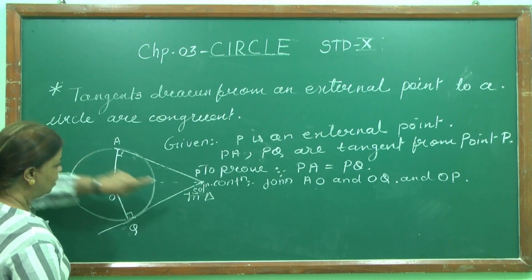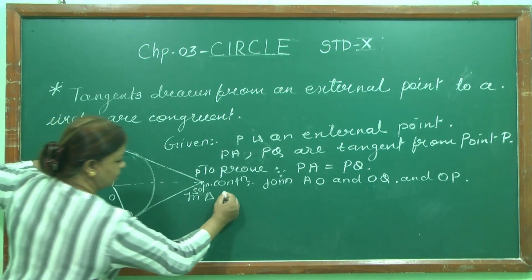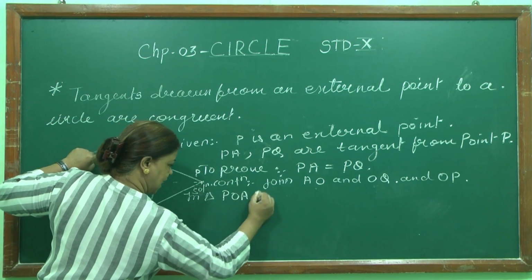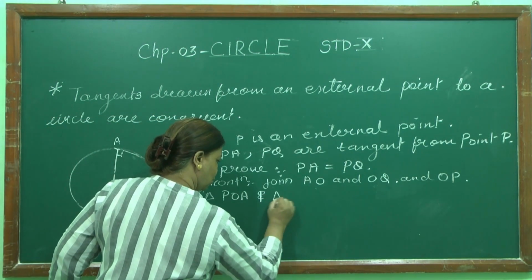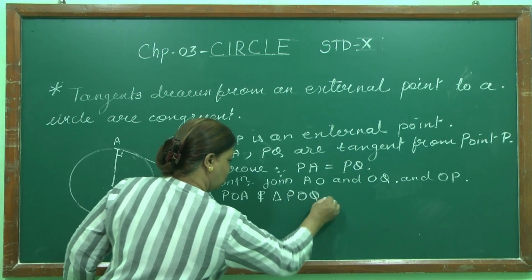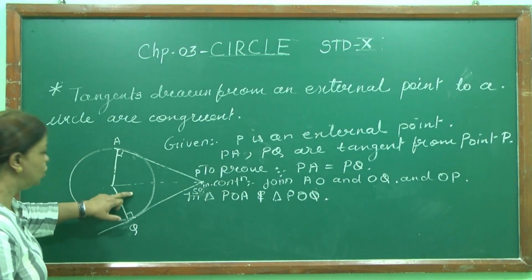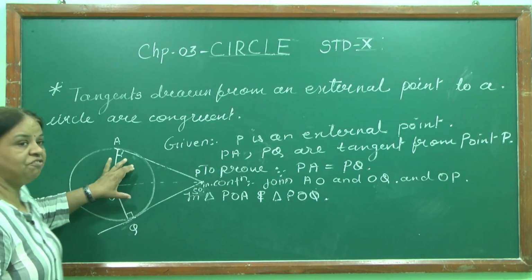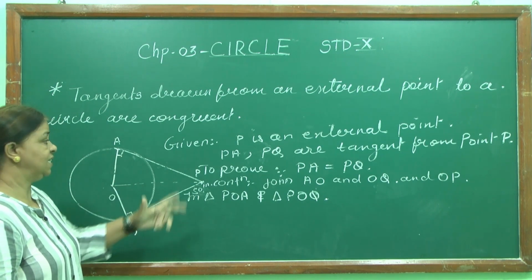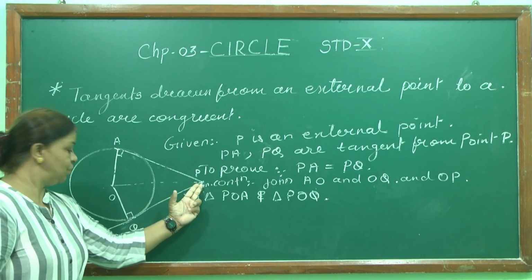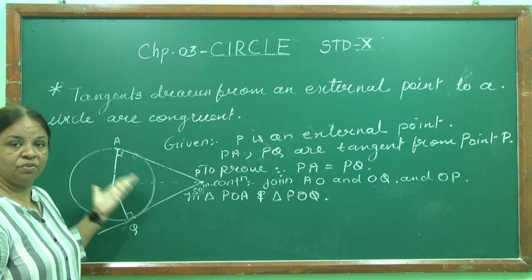In triangle POA and POQ, we will be proving these two triangles equal. If we are able to prove these two triangles equal, then we can say that PA is equal to PQ. It is going to be very easy to prove.